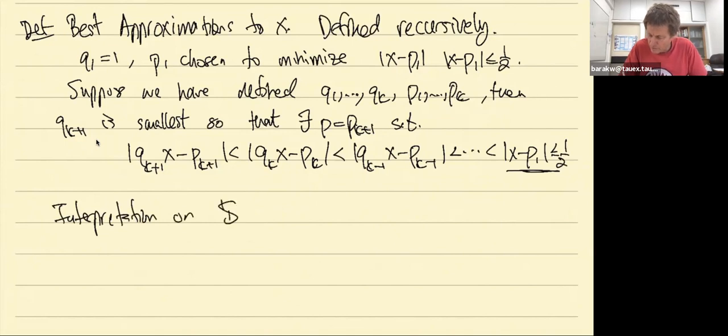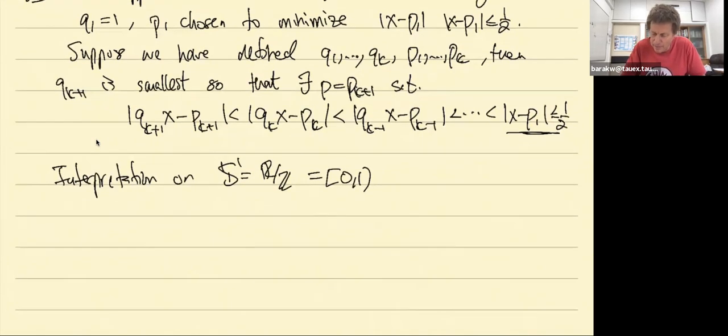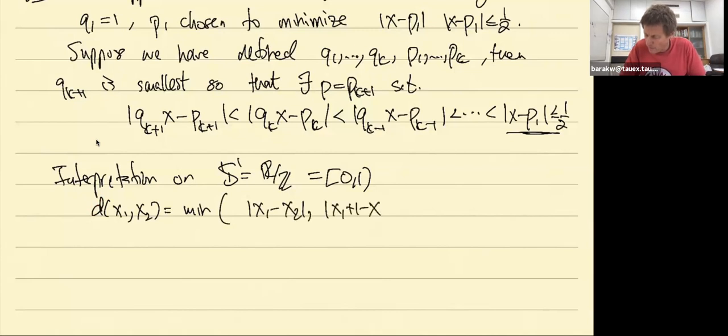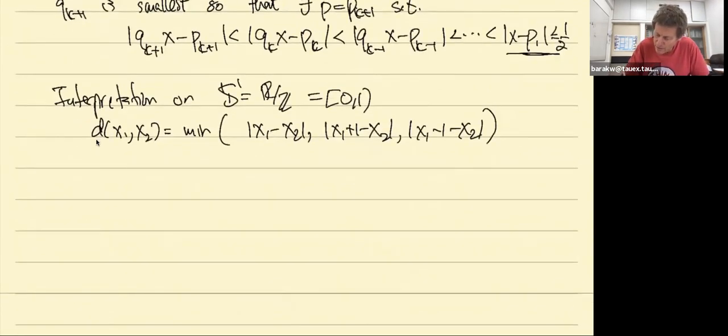Think of the interval [0,1] as the unit circle, but really I'm thinking of 0 and 1 being identified. I put a metric structure on this: the distance between two numbers in the unit interval is going to be the minimum difference between the numbers. If you define this distance, you can check that it's actually a metric.